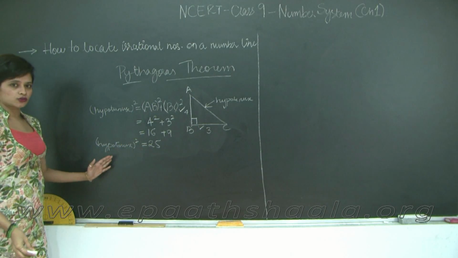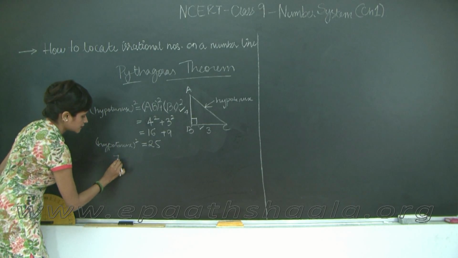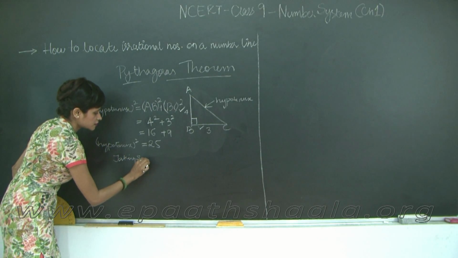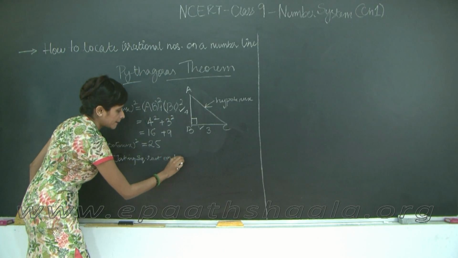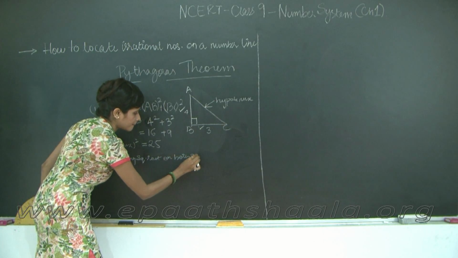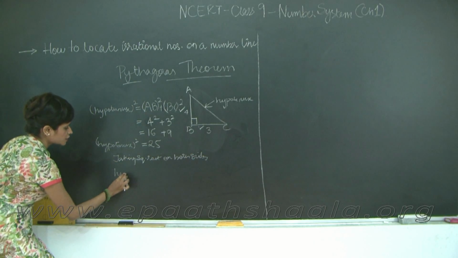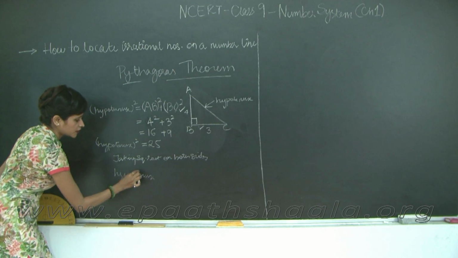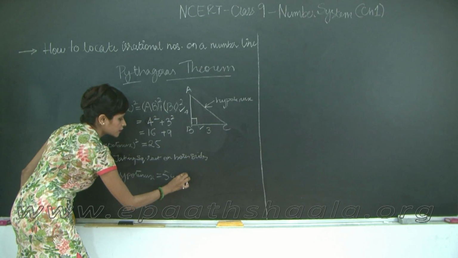So I will take square roots on both the sides and find my answer. Taking square root on both sides, what do we get? Hypotenuse is equal to 5 units, right?